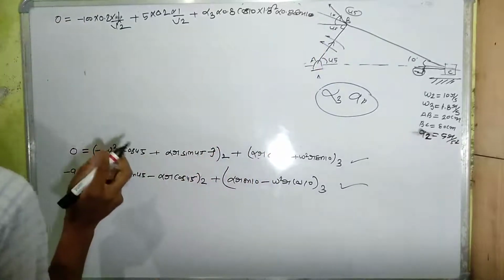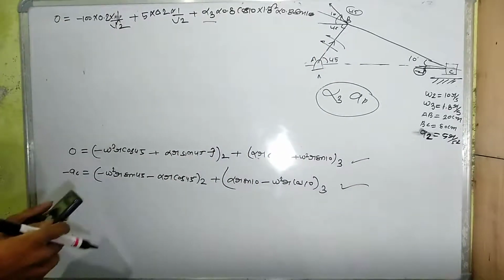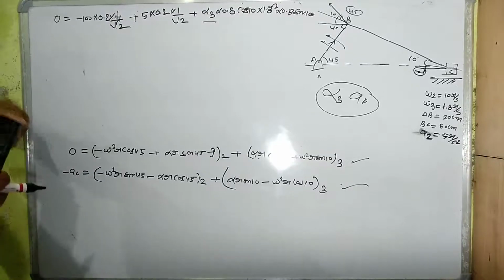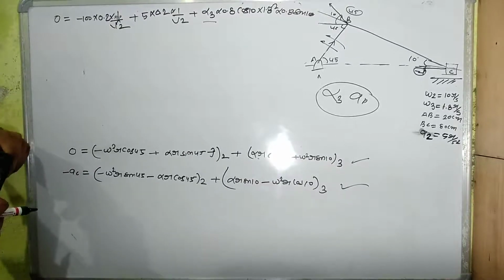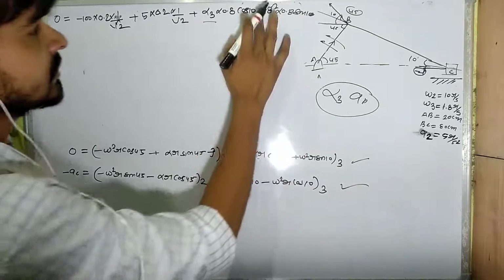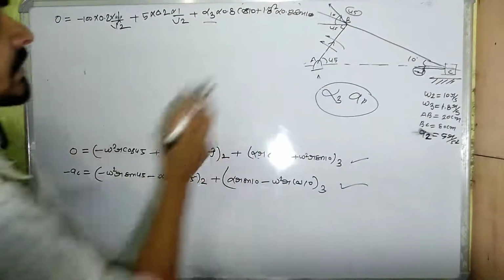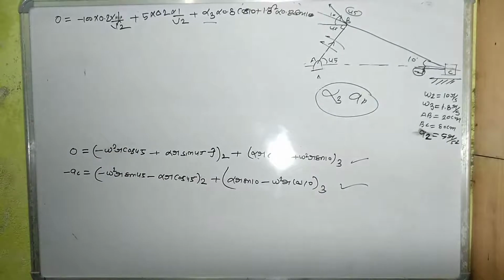Solve this, you will get alpha 3. So let me solve it. Once again alpha 3 r cos 10, after that plus here. ठीक है, so let me solve this.